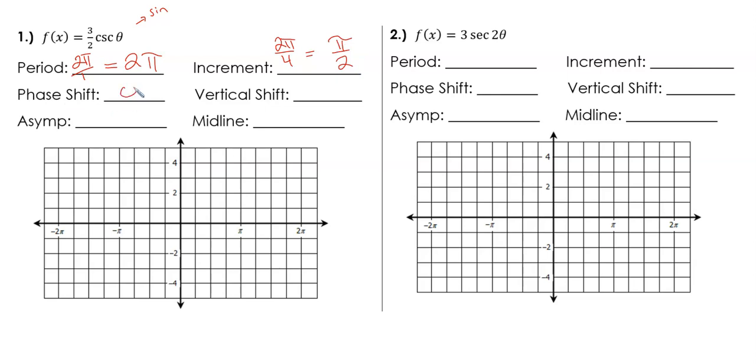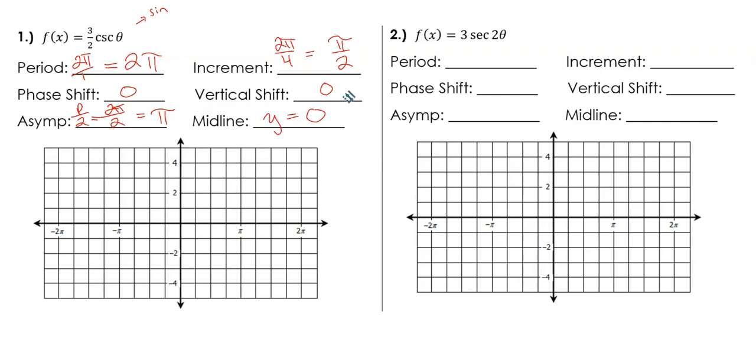Here, I don't have a phase shift or a vertical shift. My asymptote spacing is going to be my period divided by 2. Here my period is 2 pi, and I divide that by 2 to get pi, so I'm going to have asymptotes every pi. And my midline, since I don't have a vertical shift, is still y equals 0.